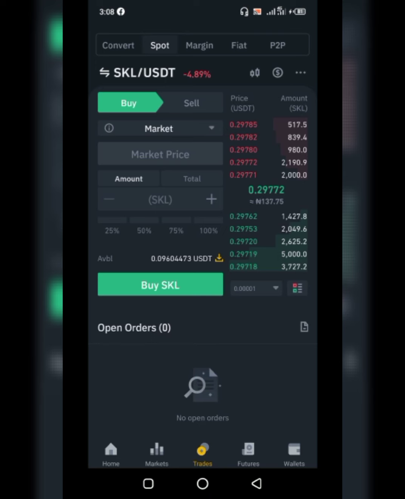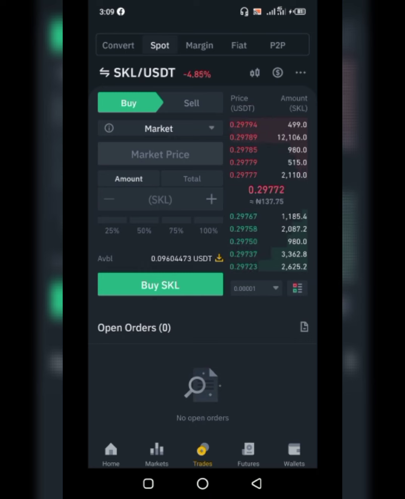And you could understand that you are not setting anything, no limit, nothing to set. You proceed on buying and it will buy it for you immediately, within picoseconds. No setting, no need for an open order here. It will buy it because you're telling it to buy at the current market price.